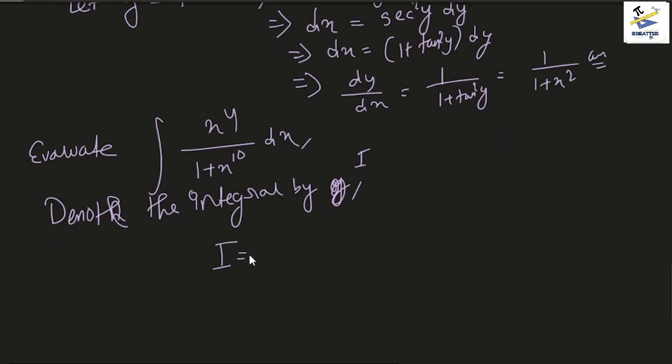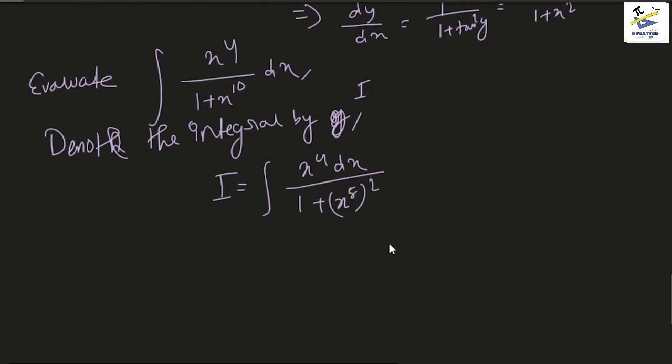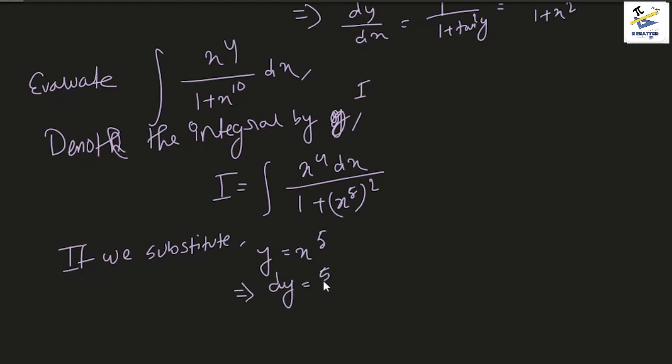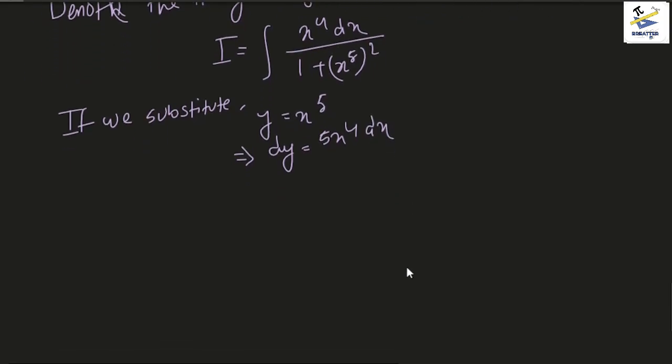then what we get is this: capital I is equal to the integral of x to the power 4 dx divided by, and we can write x to the power 10 as x to the power 5 whole squared, because in that case what happens is, if we substitute y equals x to the power 5, what we get is dy is equal to 5 into x to the power 4 dx, right?